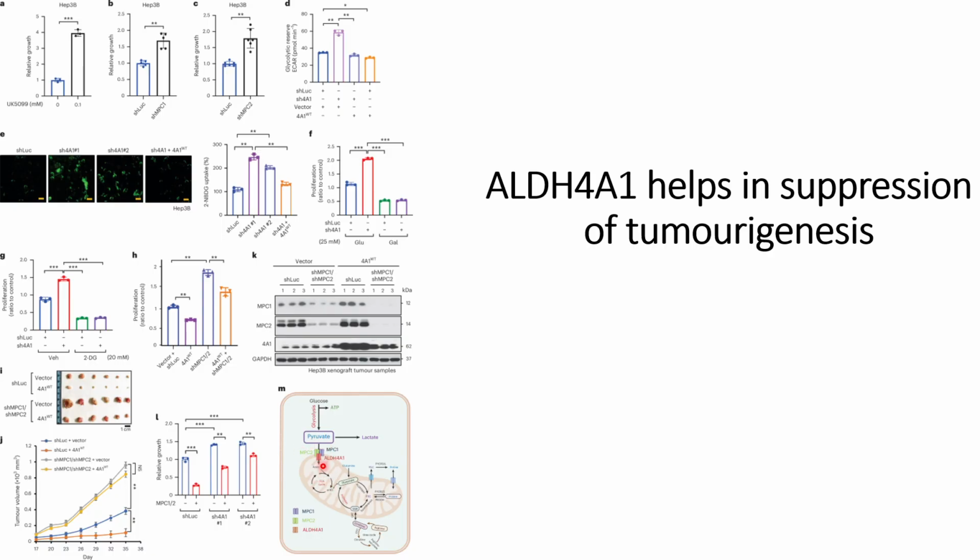However, if any component of this trimeric complex is not working or is knocked down, it causes high glycolysis in the cytosol, and that helps in the tumorigenesis of the cancer cells. This is what they finally concluded from the results presented in this figure and also the results we discussed in our previous videos.